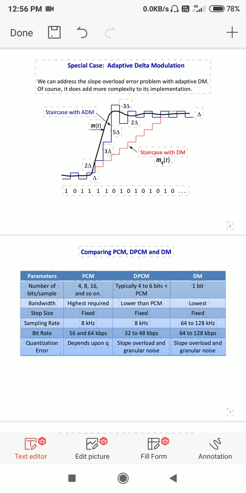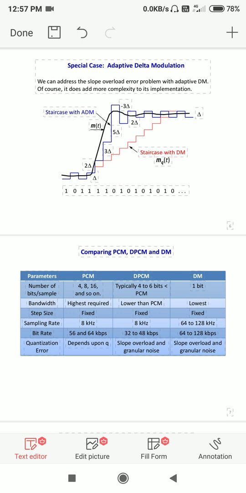So here, if the amplitude is increasing continuously and sharply, then we change the step size also. When there is a bigger change between the current sample and previous sample, the step size is made bigger. And if there is a small change between the current sample and previous sample, then the step size is small. You can see here in the diagram, first we have smaller changes initially, so data is sent like 10111.